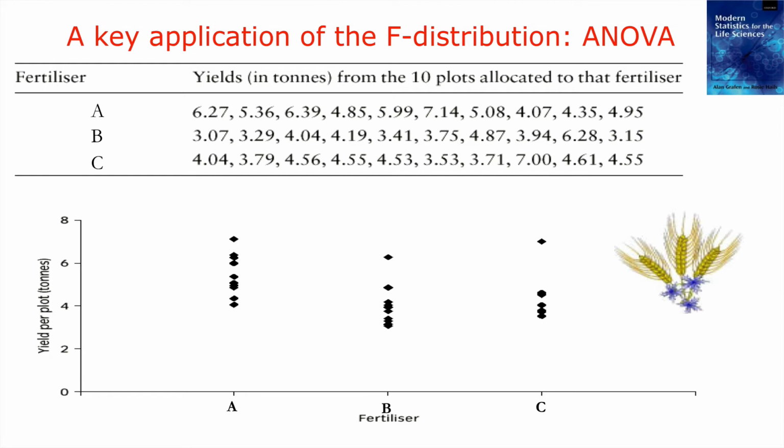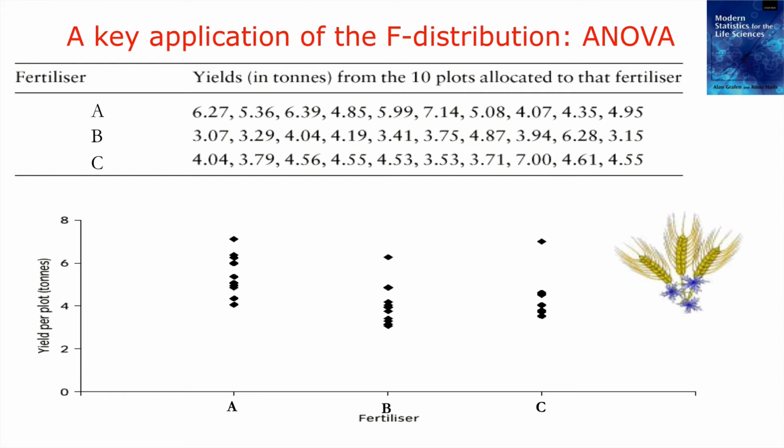Now, eyeballing these data, it does sort of look like fertilizer A provides the higher yield, and certainly there may be a difference between A and B. But of course this is being rather subjective, and what we really need is a formal analysis to actually test the null hypothesis that in fact at population level they are all the same in terms of the population means.